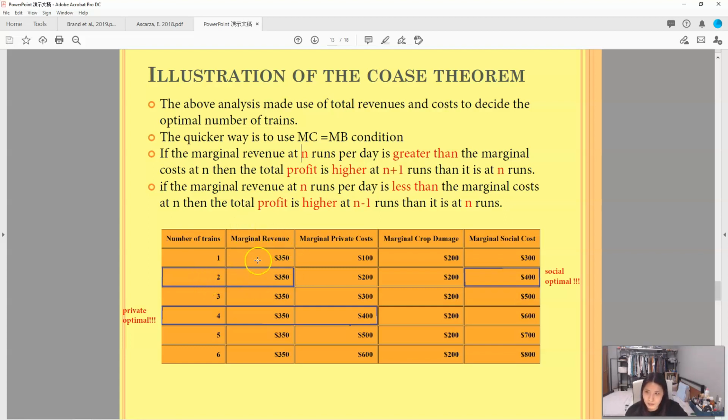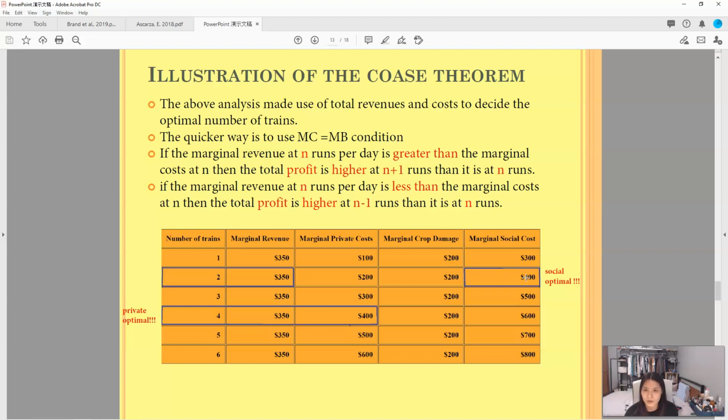and from the society's perspective, we need to compare the marginal revenue and the marginal social costs. For example, when the firm only runs 1 train per day, the marginal revenue is greater than marginal costs. So we know there would be surplus if we run 1 more train, right? So when we run 2 trains per day, the marginal revenue is less than the marginal cost.